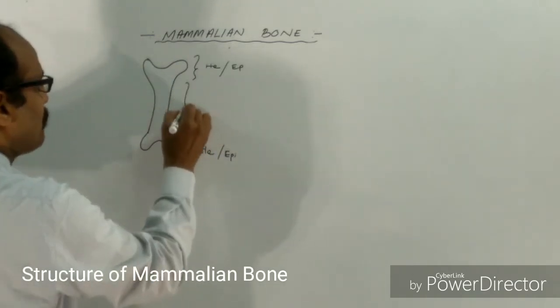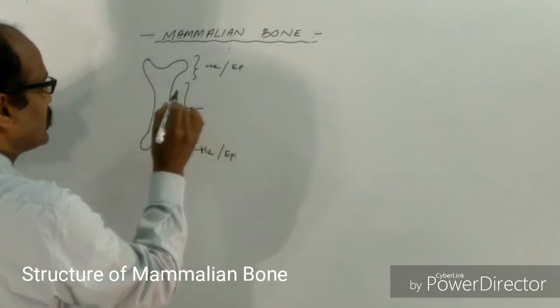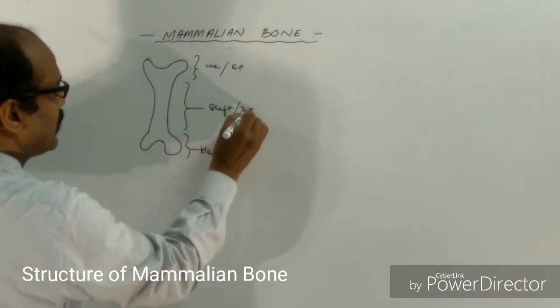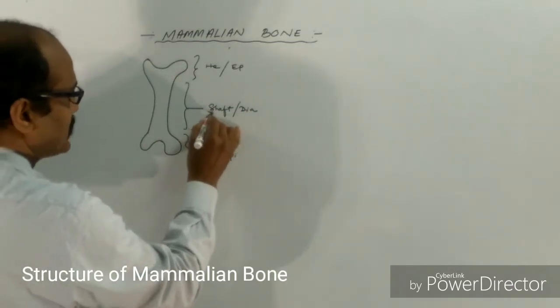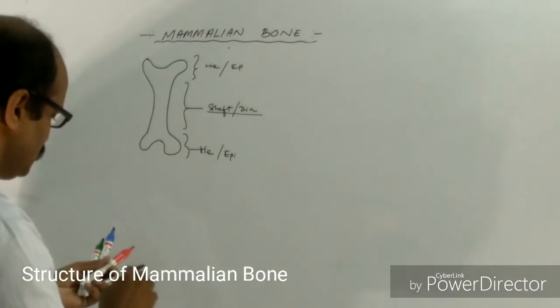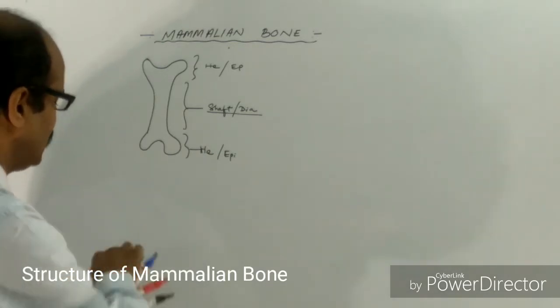In between the two epiphyseal regions, the middle portion of the long bone is known as the shaft or diaphysis.